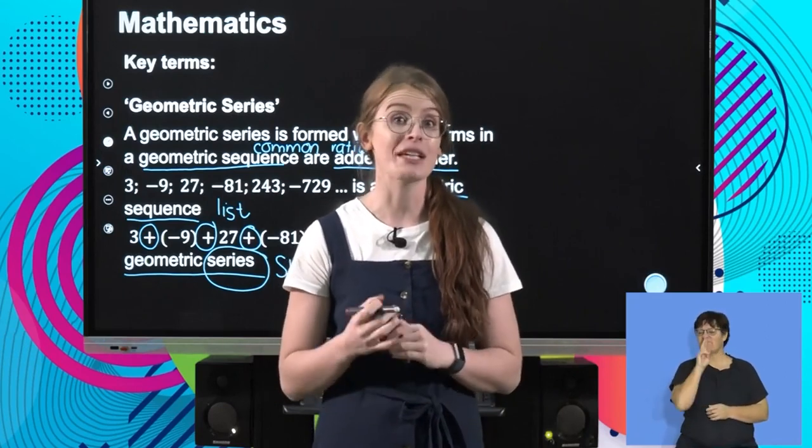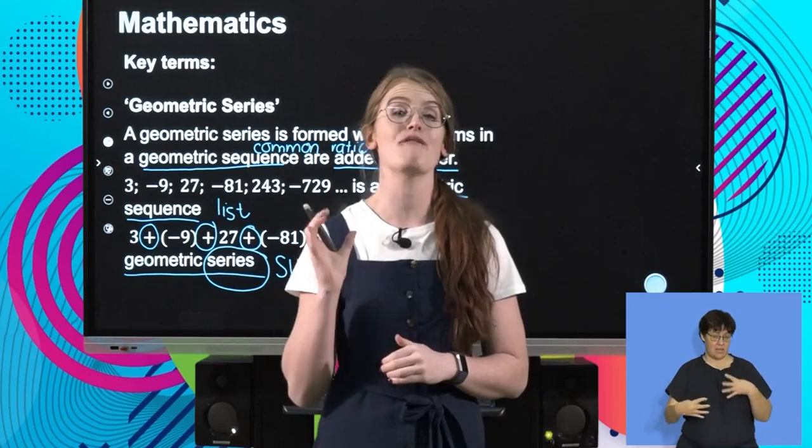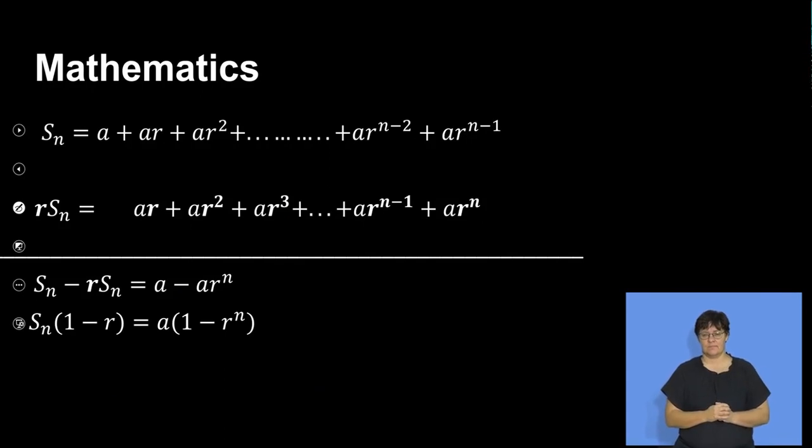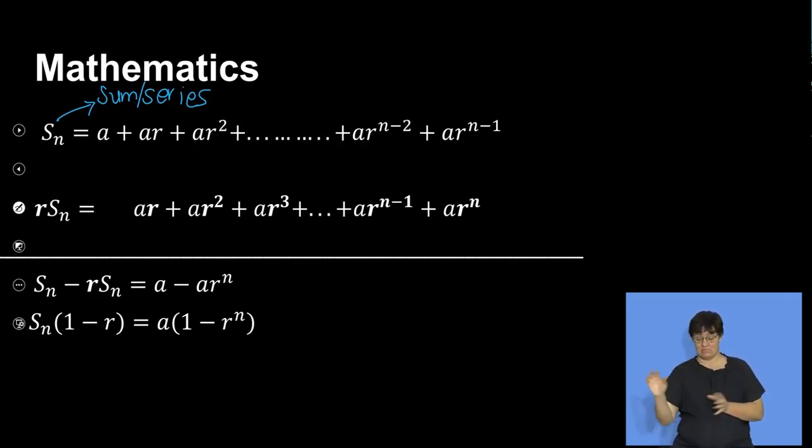Let us look at what the formula of a geometric series is. When I have Sn, please note that Sn refers to the sum or a series. What I've listed here is the sum of the terms of a geometric sequence added together. So I have a + ar, because term 1 is a, term 2 will be a multiplied by the common ratio once, and then term 3 will be a multiplied by the common ratio another time.